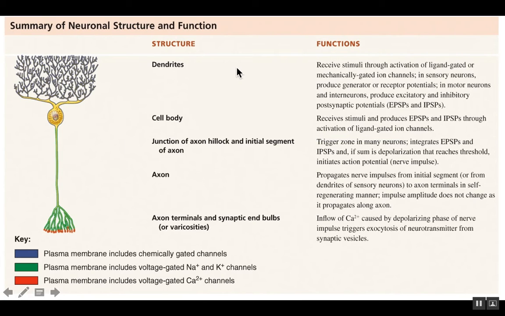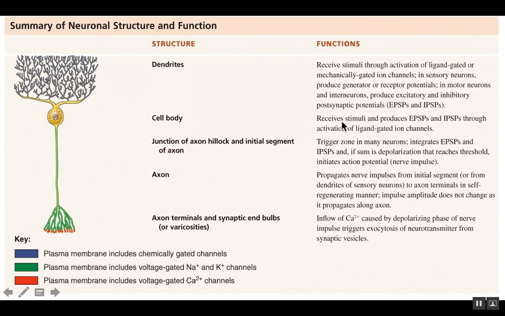Here's just a summary. This is a really good summary of the different structures of a neuron, as well as the function of each of those structures. So in review, dendrites receive the stimuli. Those stimuli are going to produce graded potentials, which are either going to be depolarizing graded potentials or hyperpolarizing graded potentials.